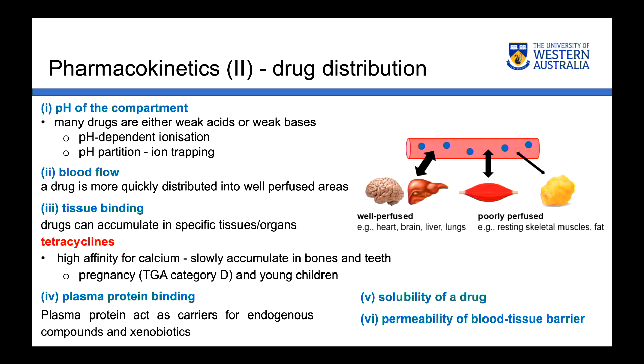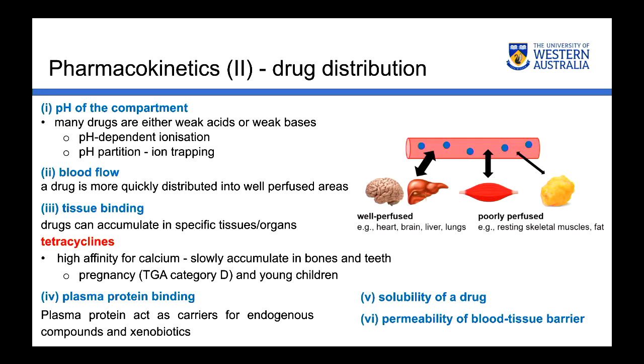For this reason, tetracyclines are classified as category D drugs by the TGA, which means that they should be avoided in pregnant women or young children, because if they are given to pregnant women, these drugs can affect the growth of bones in the developing fetus, and the newborn may end up with malformation.